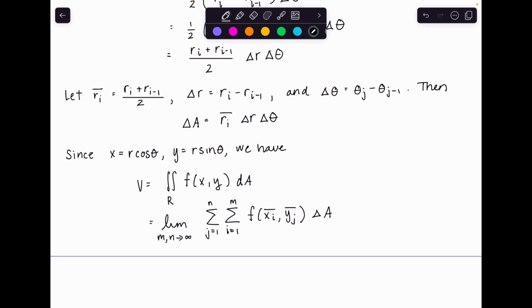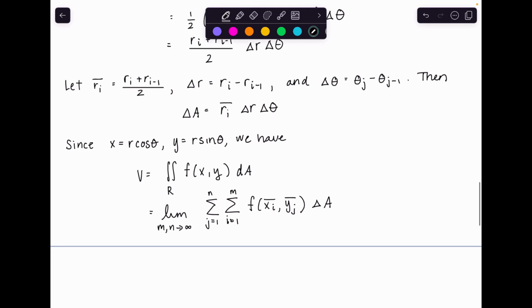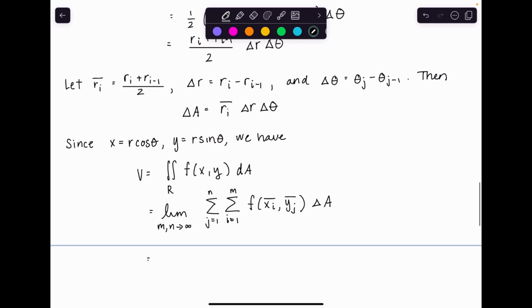But likewise, I could also say these are the midpoint values. Okay? It does not matter the point it's evaluated at.